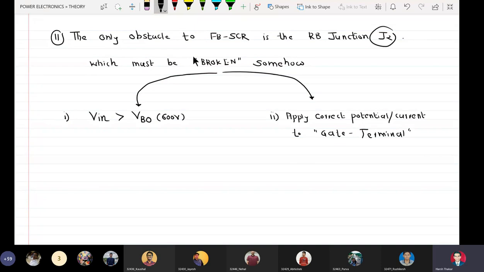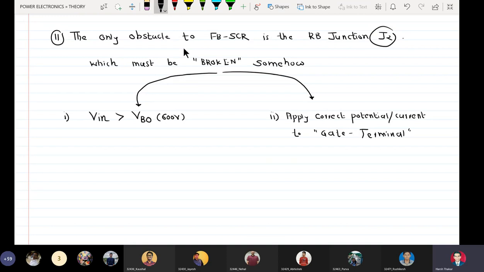I repeat that the only obstacle in SCR conduction is reverse bias junction J2. Although the SCR is forward biased, it is not able to conduct because the middle junction J2 is reverse biased, and we have to break this junction.